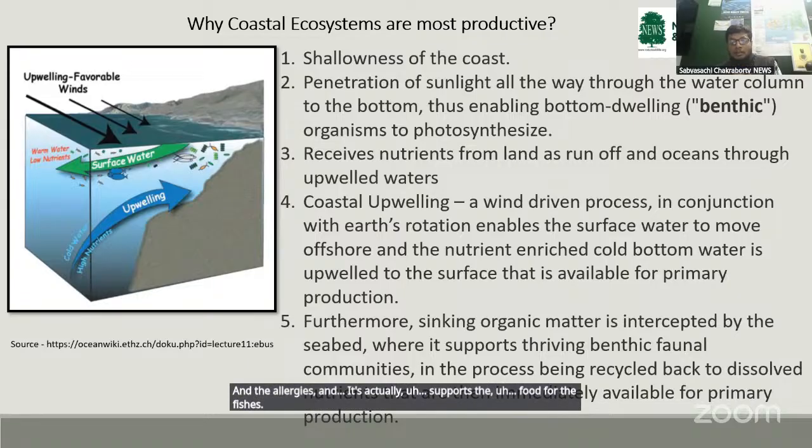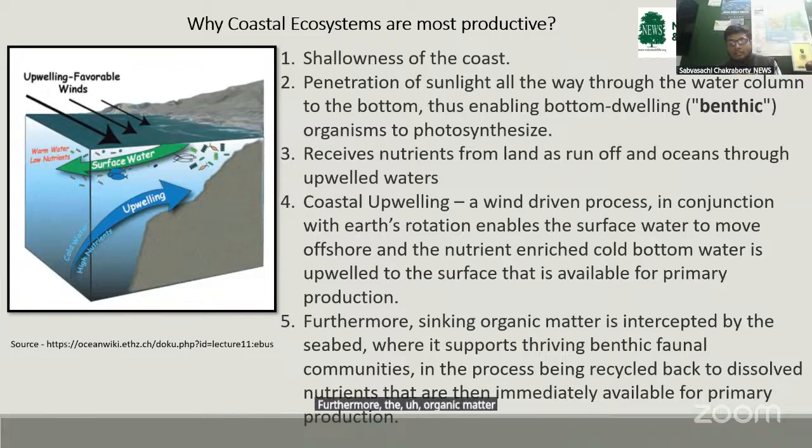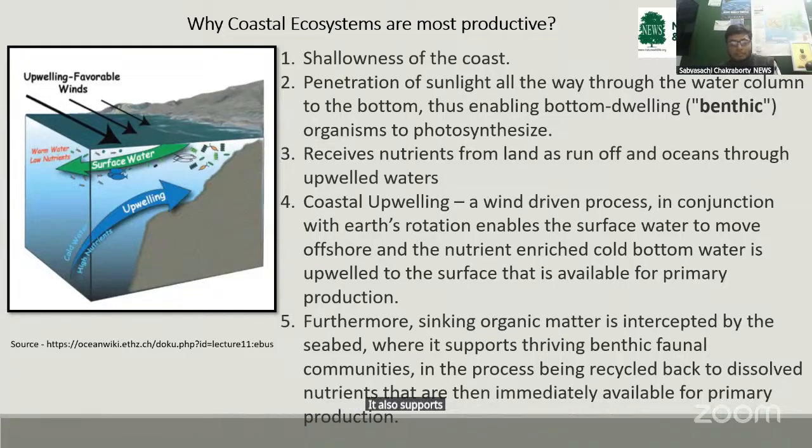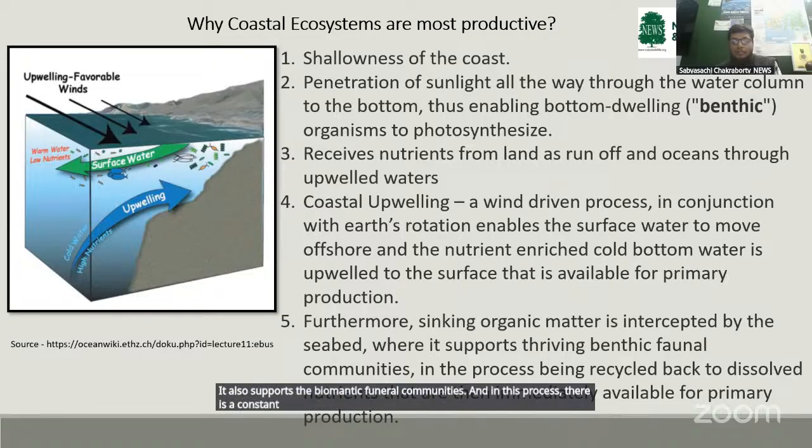Furthermore, the organic matter on the surface sinks down. It also supports the benthic faunal communities, and in this process there is a constant recycling going on.